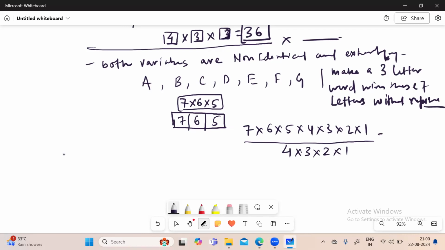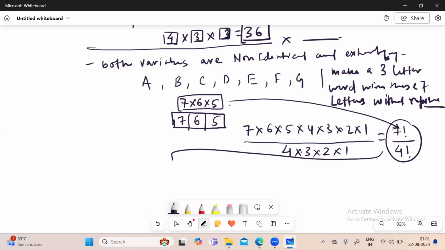So what you are getting here, 7 factorial by 4 factorial. Just see how it is happening. So we converted this into this, and then we converted this into 7 factorial divided by 7 minus 3 factorial, because we had a 3-letter word to be made.